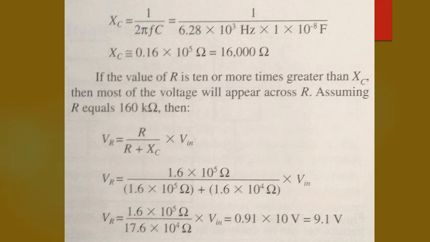1.6 times 10 to the 5th power ohms divided by 1.6 times 10 to the 5th power ohms in parentheses plus 1.6 times 10 to the 4th power ohms in parentheses. We ultimately get, as you can see on the bottom of the screen, 9.1 volts.